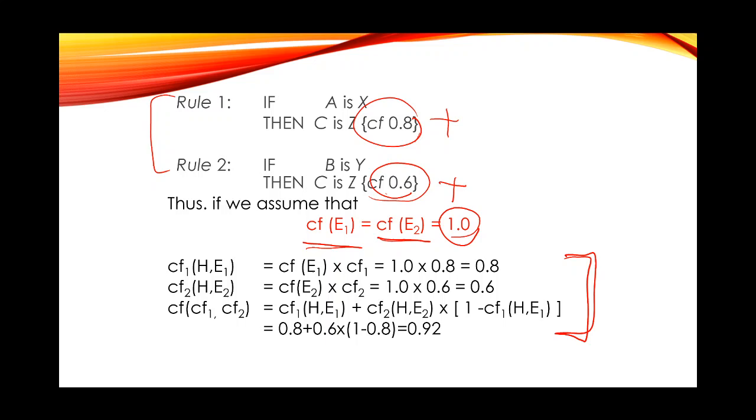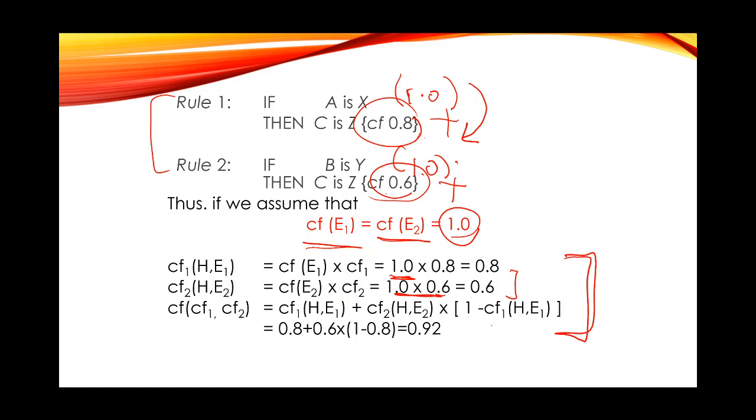So CFE times CF1 would be 1.0 times the rule's CF. So CF for rule number 1 would be 1 times 0.8. For rule number 2, 1 times 0.6 is equal to 0.6 here, okay? So both of them are positive.